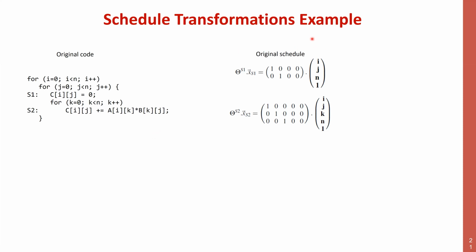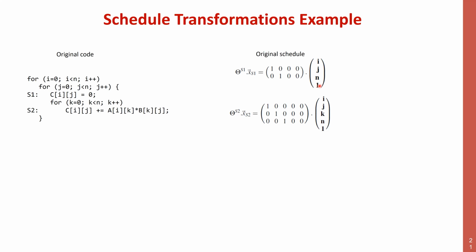And you can describe them in the way that we have done before through these phi matrices. Actually, these are slightly augmented because we augmented the ijk iteration vectors of this statement and of this statement with a constant n that appears in the program and with 1.